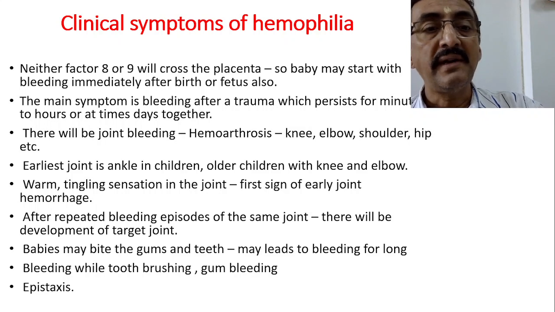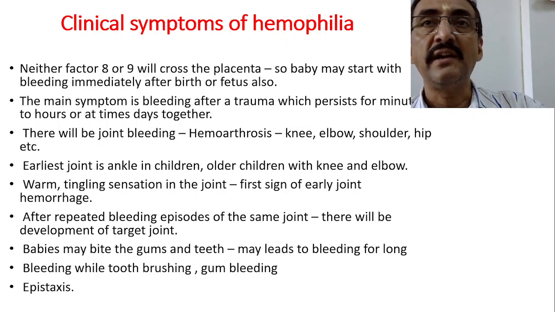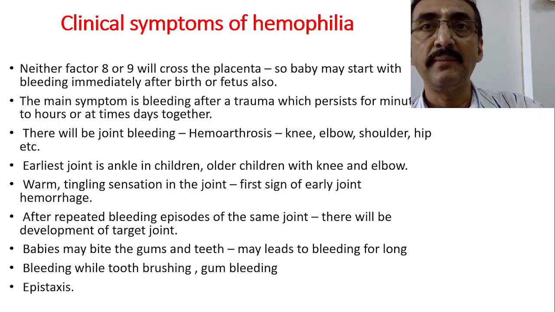Now a warm tingling sensation in the joint is a first sign of early joint hemorrhage. Okay, suppose the child is playing, he has got a mild injury. That may be sufficient to initiate this process, and by 1 or 2 days there will be collection of blood in the joint space, because of slow bleeding which is taking place.